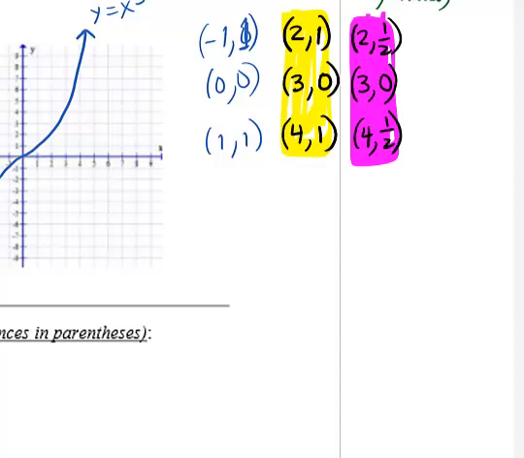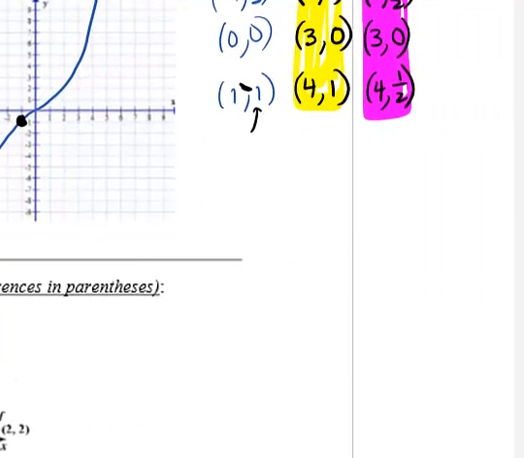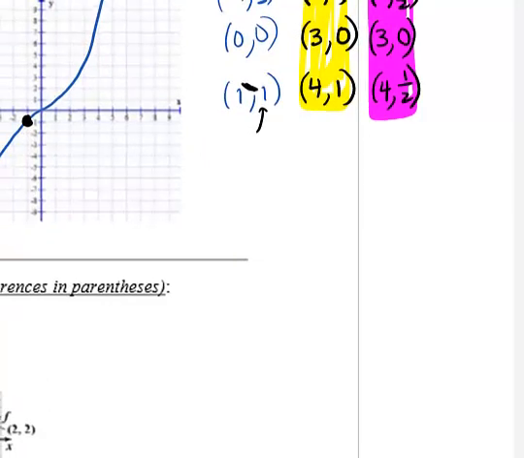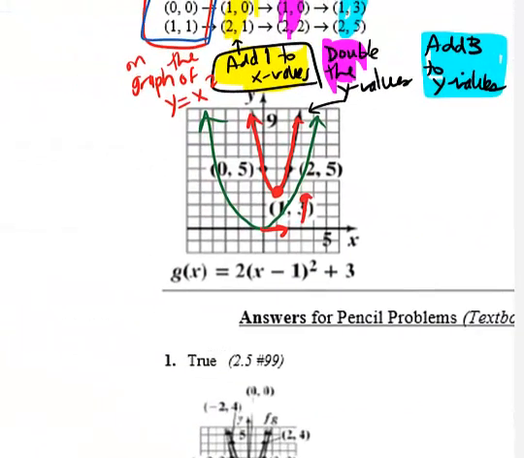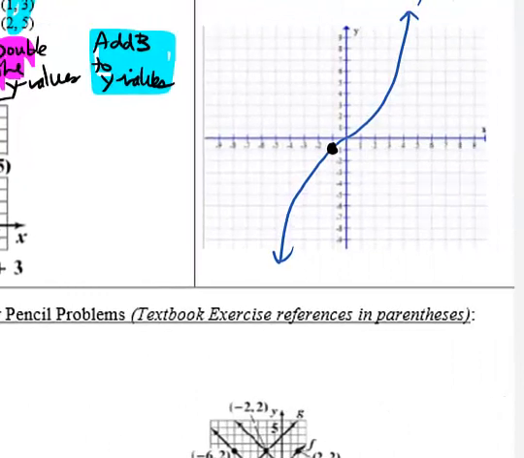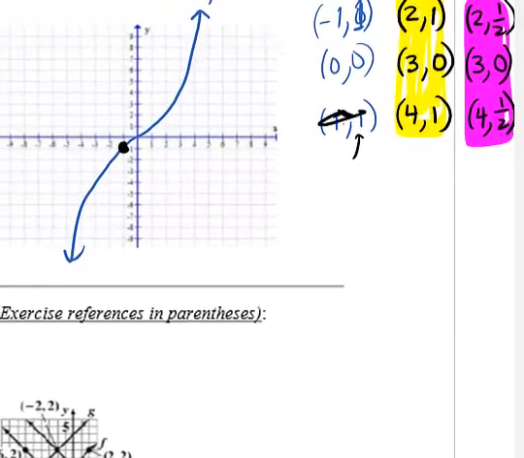Wait, oops, this is supposed to be a negative, I'm sorry. See that point right there? Should be 1, -1, I'm sorry. That third point is a little different than the third point on the previous one. 1, 1 is on the parabola, but -1, 1 is on, damn it, I screwed it up again. It's -1, 1. I put the negative on the wrong one.